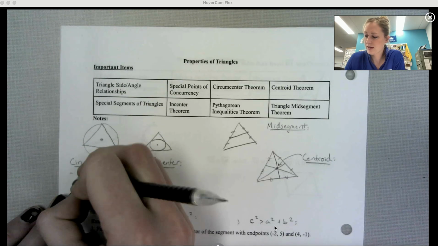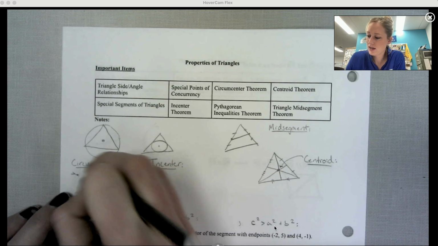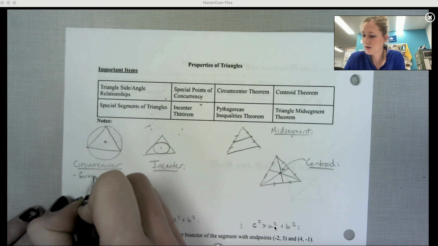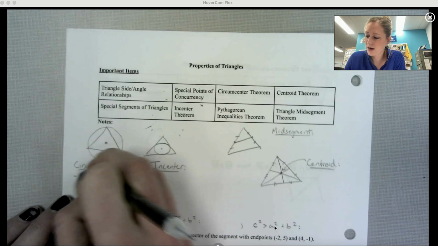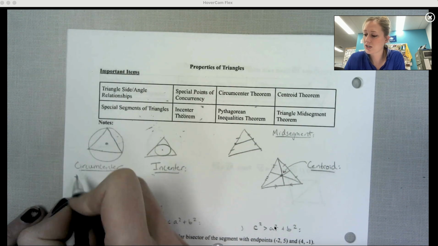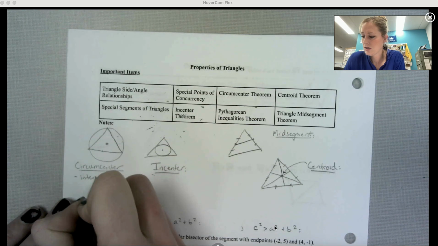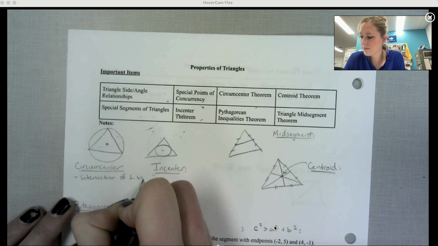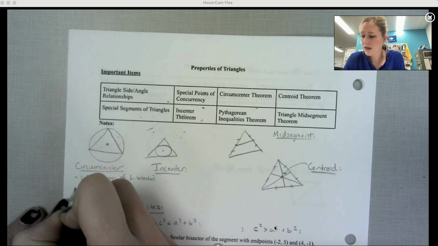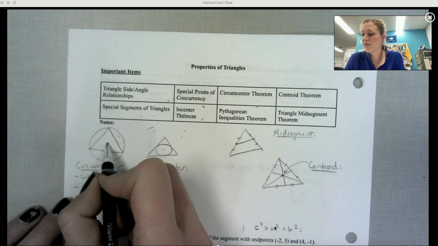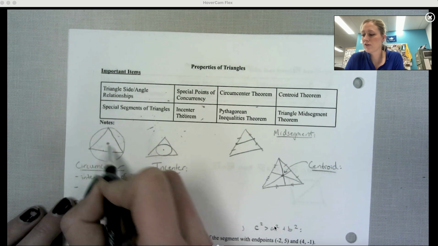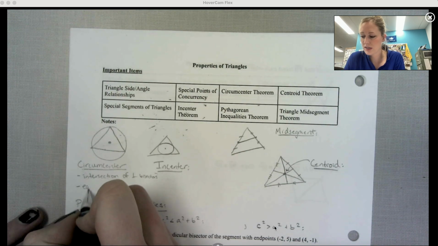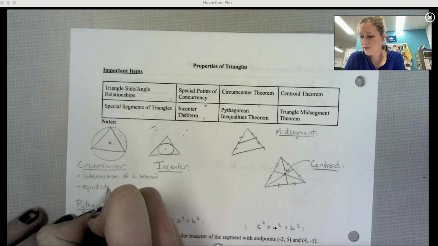Let me rewrite that in a way that really makes sense: the intersection of perpendicular bisectors. The other piece, the circumcenter is the same distance away from each vertex. That is essentially the radius of the circumscribed circle. So equidistant from vertices.